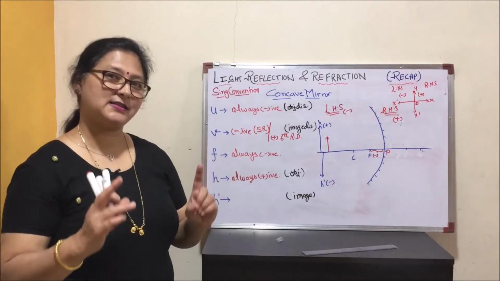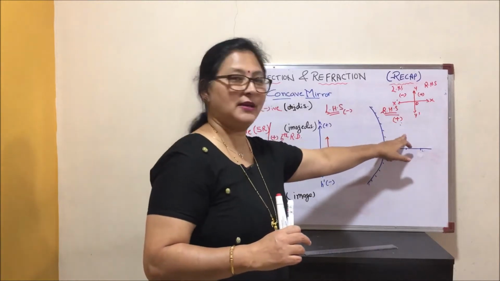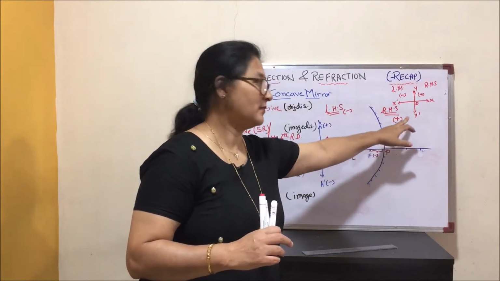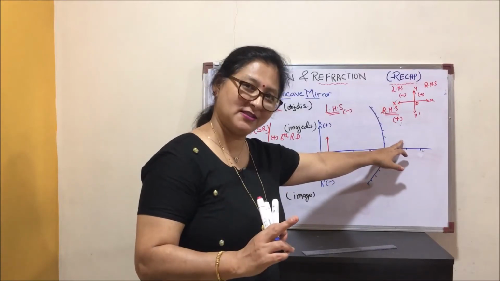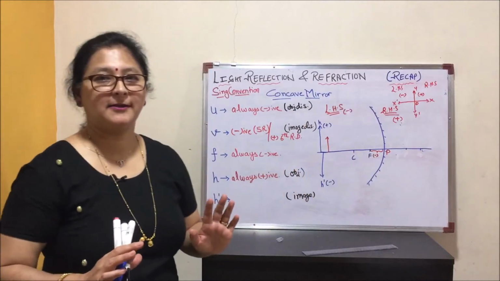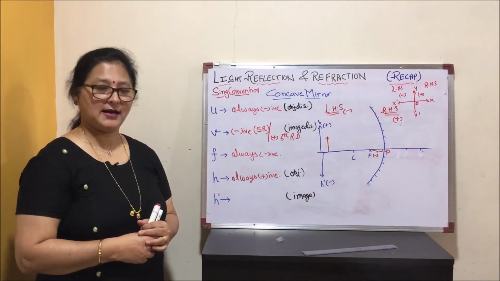Whereas in the last diagram of the concave mirror, we got a virtual and erect image on the left hand side, so the height will be considered as positive. And in the case of the convex mirror, the heights are positive. So it is very simple to understand.